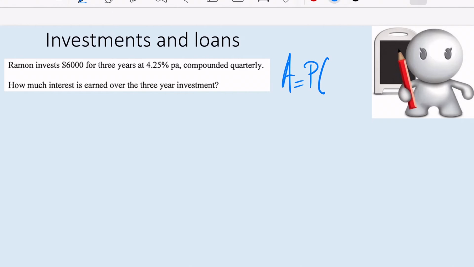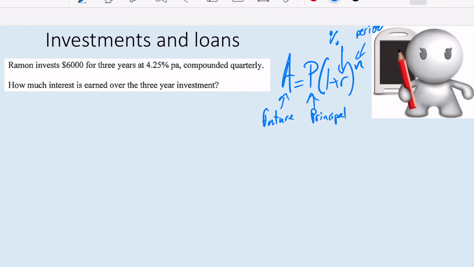So A is equal to P(1 + R)^N. Rightio, so A is the future value, P is the principal, which in this case is 6,000, R is the percentage rate, and N is the number of periods.